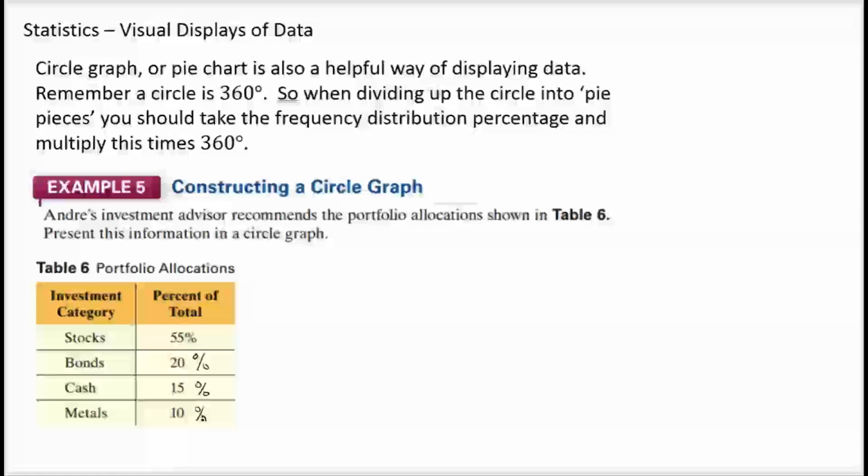Now, how do I do this? Well, I would take my 55%, write it as 0.55, multiply that times 360 degrees, and it would tell me what kind of angle I need to put in there.